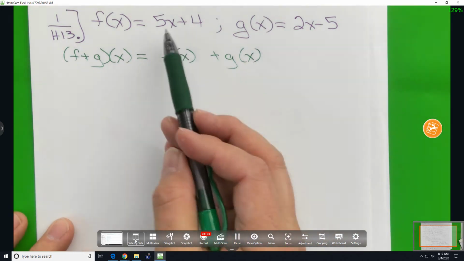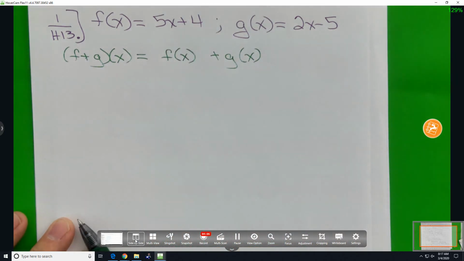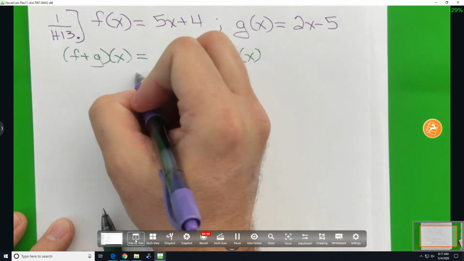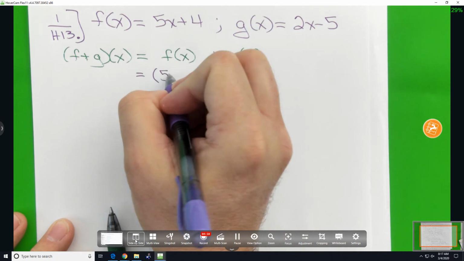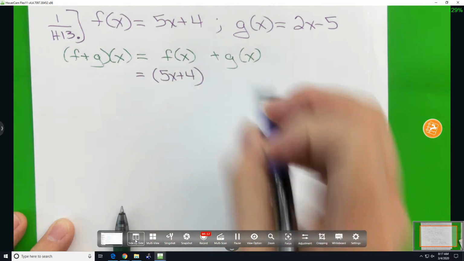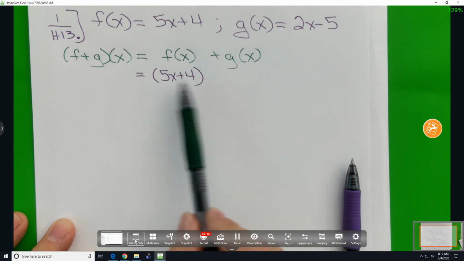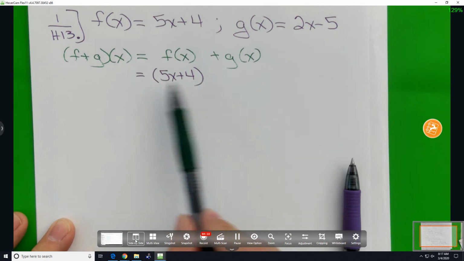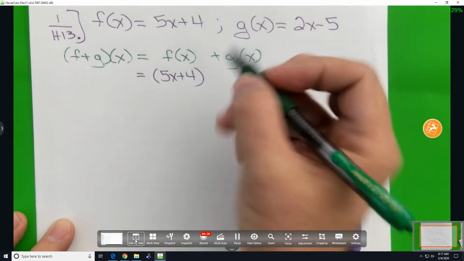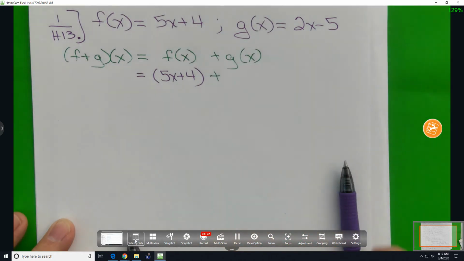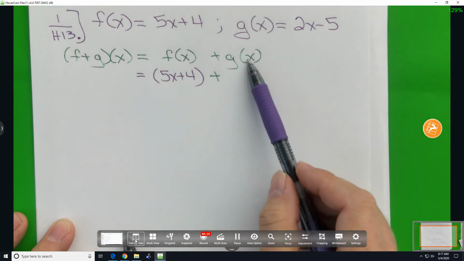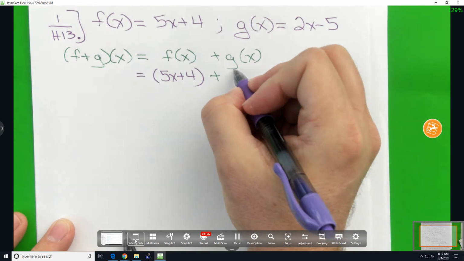You take what we had for f of x, 5x plus 4. And notice I'm enclosing 5x plus 4 in parentheses. That's trying to show that everything there is f of x. And we're going to add to that g of x. g of x is 2x minus 5.